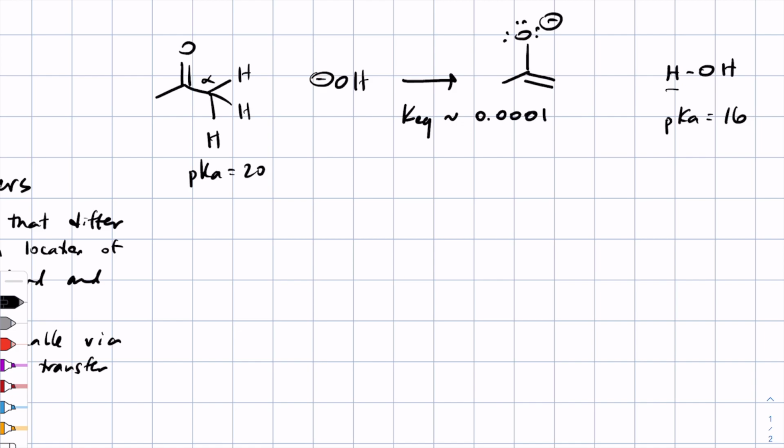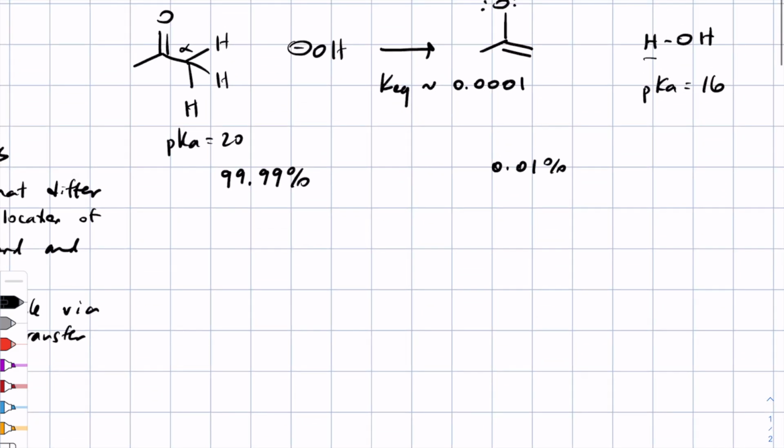That means something like 99.99-ish percent ketone and 0.01% enolate. That sounds like a small amount, and it is, until you realize that 1 mole of molecules is 10 to the 23.